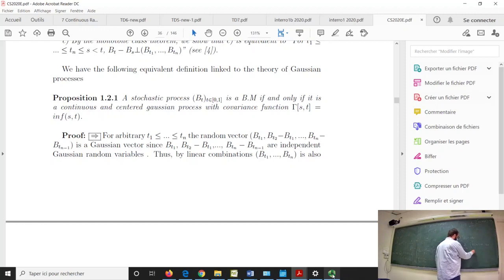That explains to you why we call this I of f the integral of f with respect to the Brownian motion.